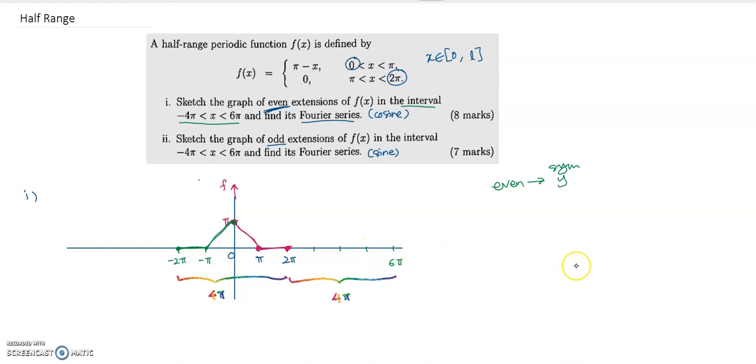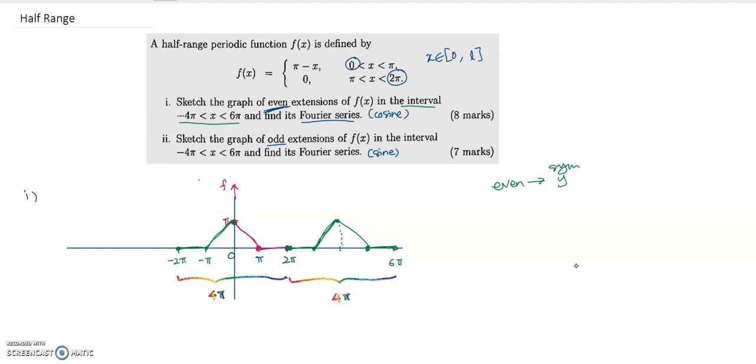We just follow the same pattern. We start from 2 pi, go to the right, then go up, so it's supposed to be at f equals pi as well, and then we go down. Sorry about my bad sketch, this is supposed to be a straight line, somewhere here. And after that we go to the right.